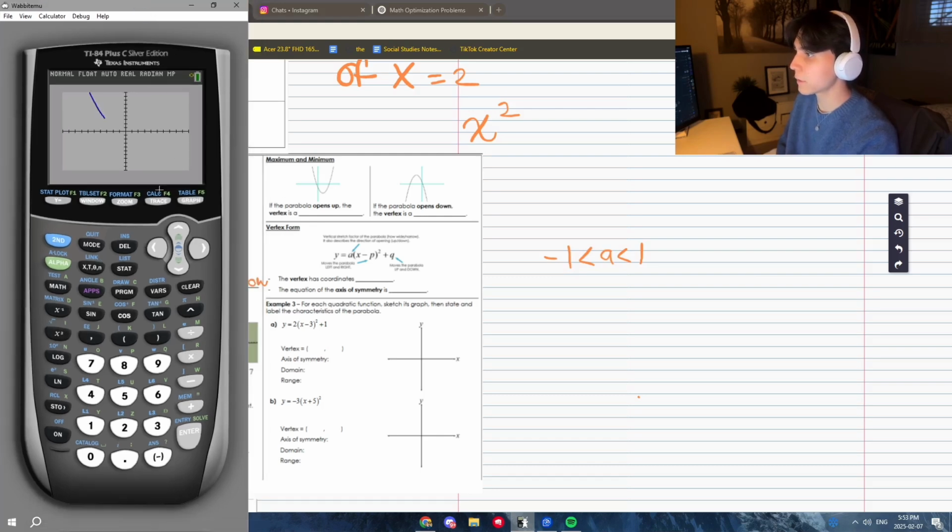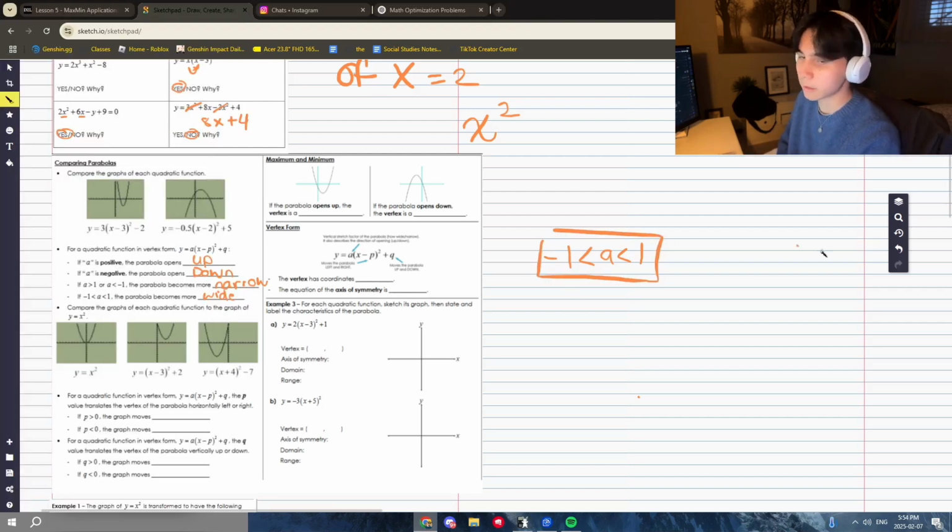You're going to notice there is a big difference in the shapes of these two parabolas. The red one is the one we created with the a value being a whole number, and the blue one is created with a decimal that starts with 0, or effectively within this range.